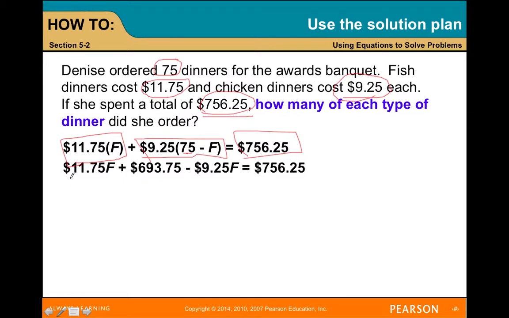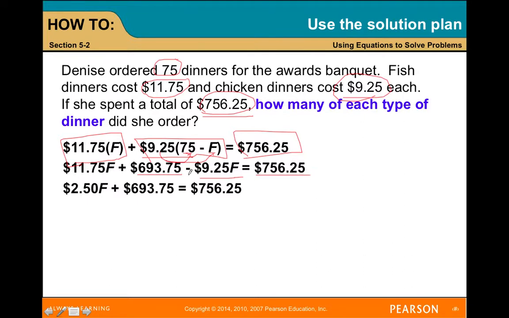So now we start to work out the problem. We bring this down. So $9.25 times 75 dinners is $693.75. $9.25 times F equals $9.25 F. We just bring that down.